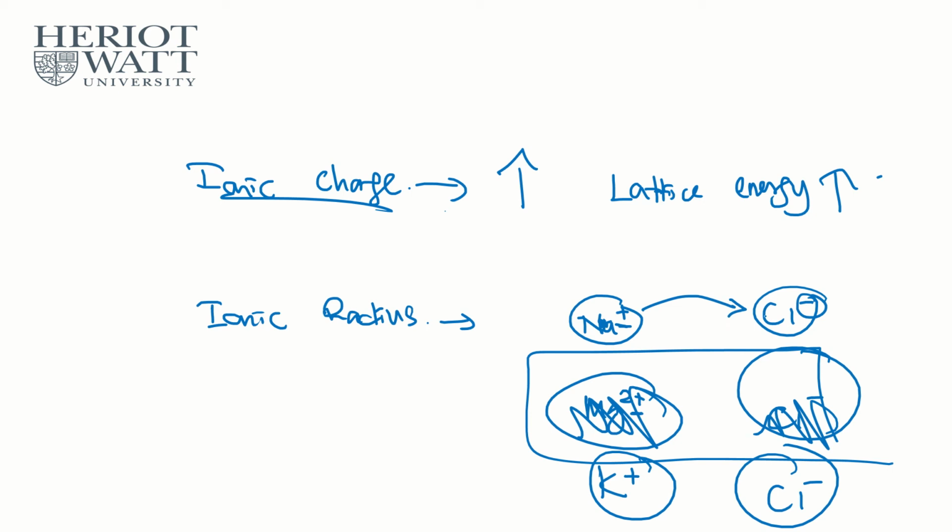So the attraction towards the negatively charged ion is stronger. Compared to the one with the bigger radius, the nucleus is further away, so the attraction is weaker towards the chloride ions. So I can say when ionic radius is smaller, lattice energy will be higher. A conclusion is ionic charge higher, ionic radius smaller, both making lattice energy greater.